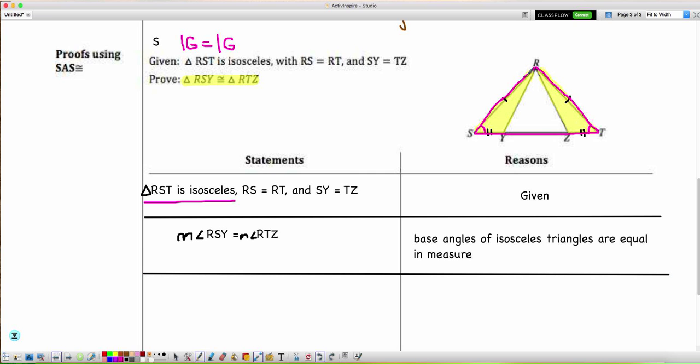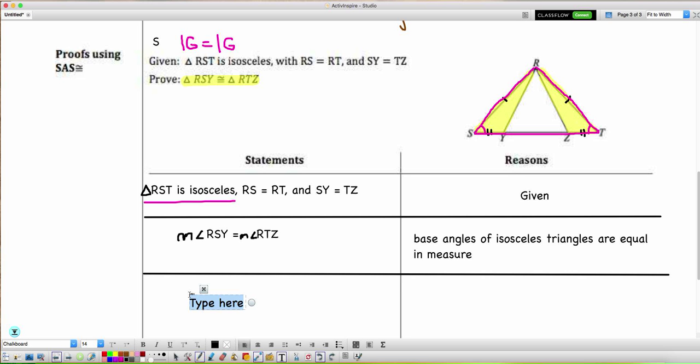Now if I focus my attention on this triangle, I have the two sides and the angle between them labeled. I also have those same two sides and the same angle labeled here. So I can now just jump to the fact that those two triangles are congruent. So now I can say that RSY, I think there's a congruent symbol in here that I can use. Yes.